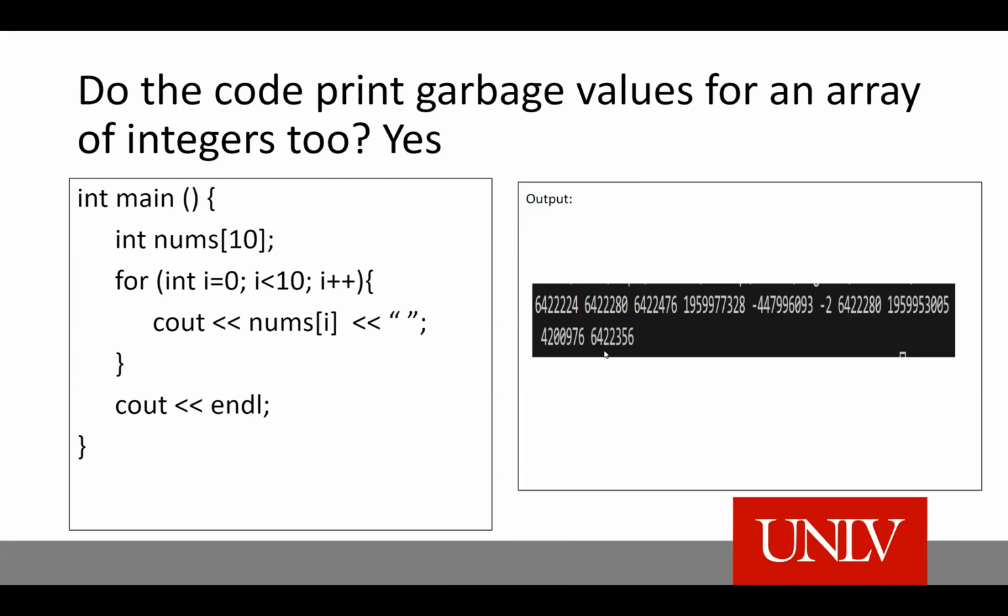So if I declare an array and don't initialize it, and this array is of integer type, then all the values in the array are initially garbage values. Randomly set might not be the correct word, so we'll simply call them garbage values.